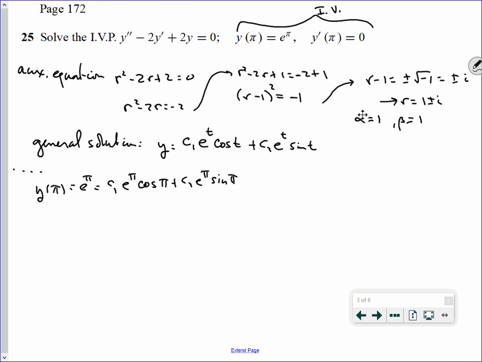And fortunately, some things go away here. c1 e to the pi times cosine of pi is -1. And this is all 0, so the sine of pi is 0.